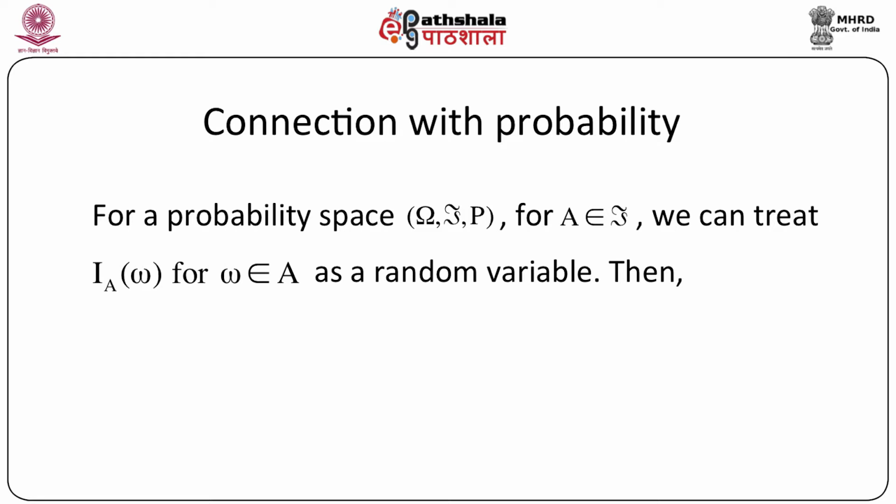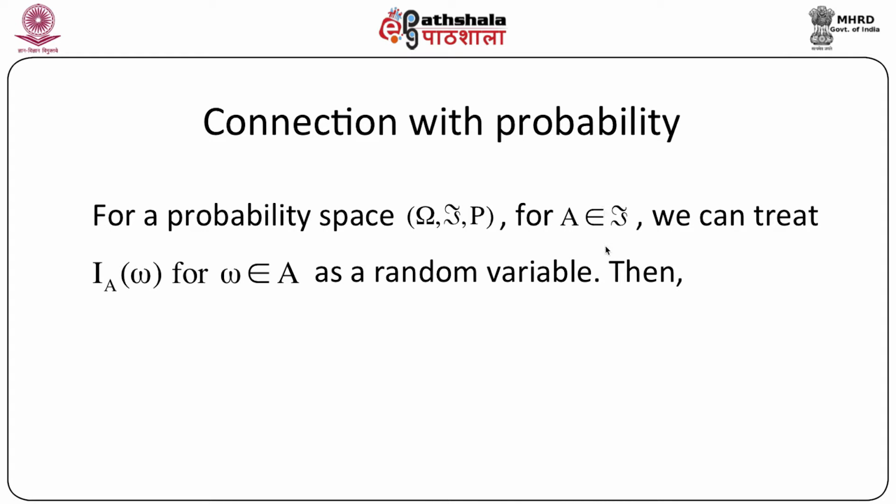As we already mentioned, we have started with the probability space, which is omega, script F and P. Omega is the big set, the full sample space, script F is the sigma field generated by the class of subsets of omega, and P is a probability measure defined on omega and script F. And for any set A belonging to script F, we can treat IA of omega, for omega belonging to A, as a random variable.